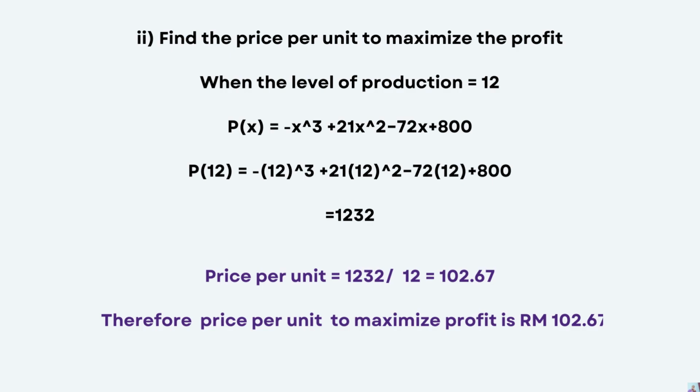So the price per unit is 1232 divided by 12, and we get the answer 102.67. Therefore, the price per unit to maximize profit is 102 ringgit and 67 cents.